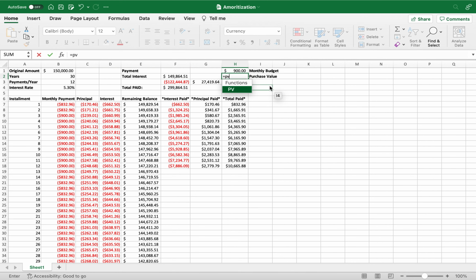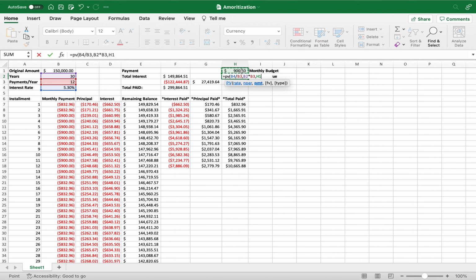So doing this, we're going to use the present value function. We're going to take the rate, and again, we've got to divide it by 12 because that's how many times it's going to be accumulated throughout the year. Then the number of payments, so that's 360. And then we want our payment.